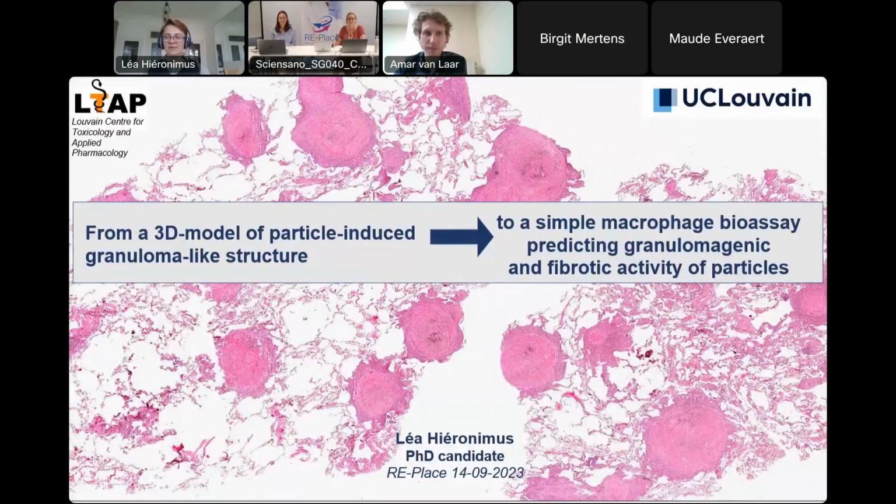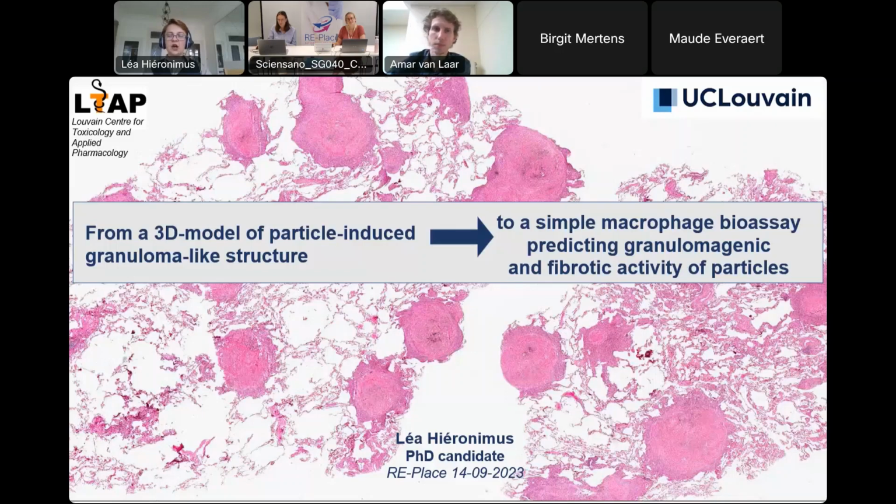As you said, I'm in the middle of my PhD thesis, and I study granuloma, or particle-induced granuloma, which is what you can see here in this biopsy. These cell nodules are formed in the lung after inhalation of inorganic particles, such as silica, which is the case of this biopsy. It was a 70-year-old worker in the clothing industry sanding denims.